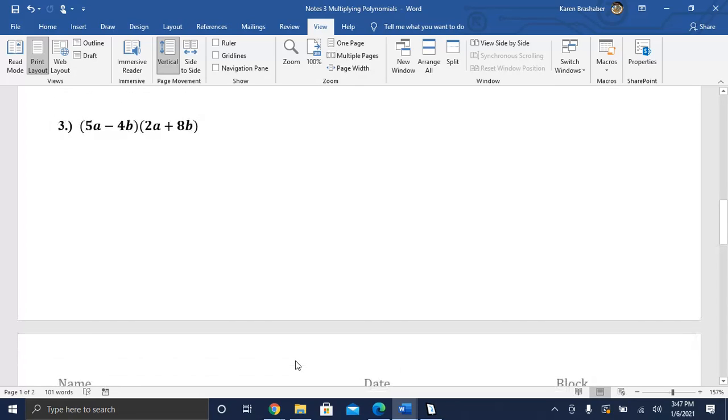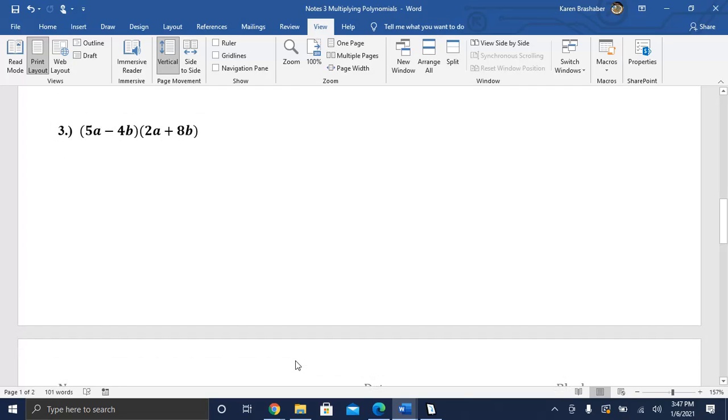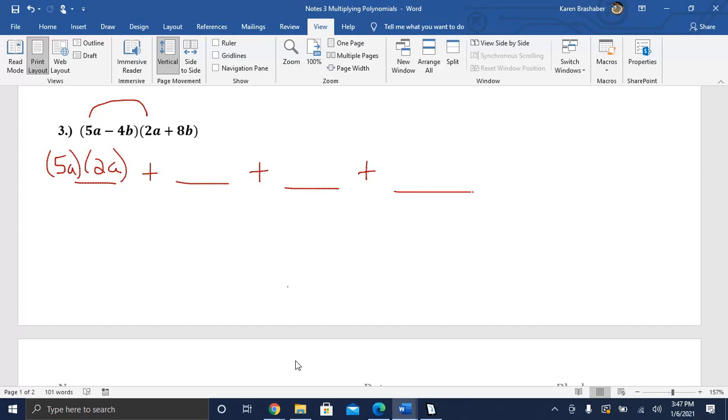So on the third one, we have two variables, but the idea is the same. So I'm multiplying two binomials. I'll have 4 blanks to fill in. So starting with 5a times 2a. So sometimes it's easier to show that you're multiplying by putting parentheses there.